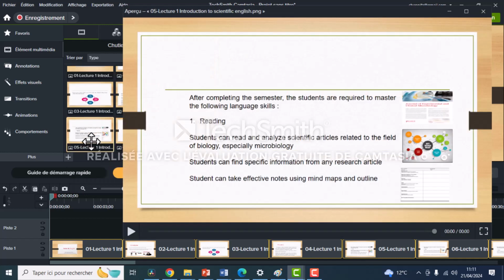After completing the semester, the students are required to master reading. So you can read, analyze scientific articles, find specific information from any research article, and take effective notes using mind maps and outlines, for example.